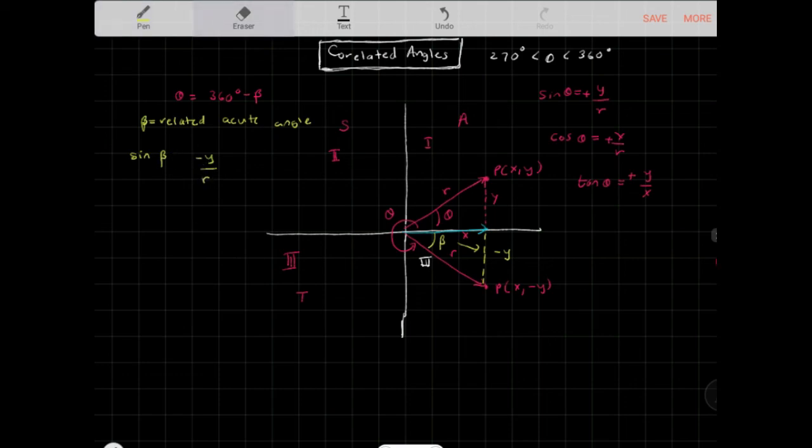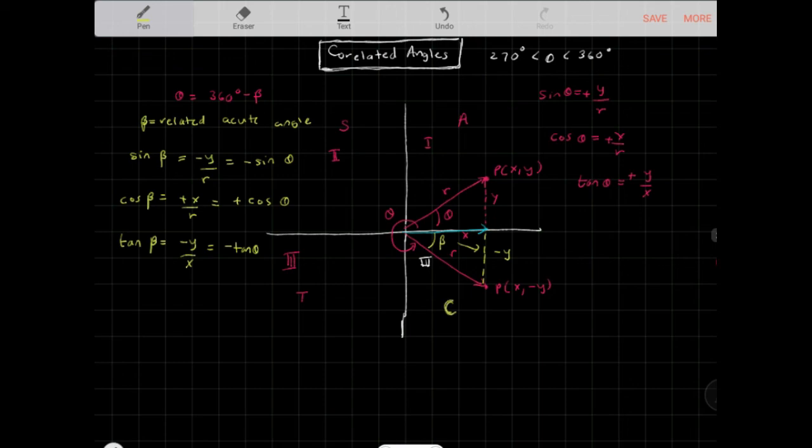Because it's negative, this is going to be equal to negative sine theta. Okay, cosine beta is equal to positive x over r, which is equal to positive cosine theta. And tan beta is equal to negative y over x, which is equal to negative tan theta.